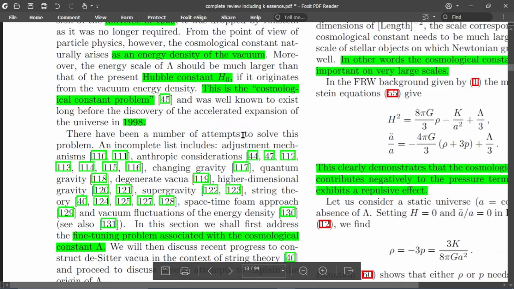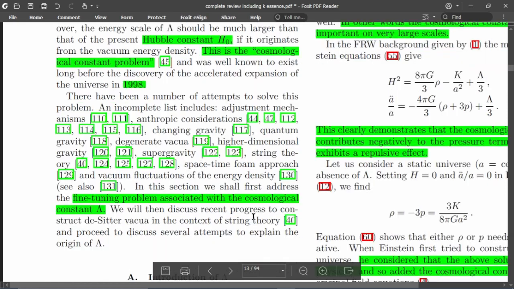Now there have been a number of attempts to solve this problem. An incomplete list includes adjustment mechanism, anthropic consideration, changing gravity, quantum gravity, degenerate vacua, higher dimensional gravity, supergravity, string theory, space-time foam approach, vacuum fluctuation of energy density, and so on.